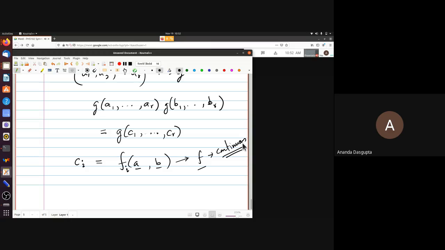It's not only enough for the group elements to be parametrized continuously. What you demand is that when you compose group elements, the parameters get composed among each other, and this composition rule should be continuous.